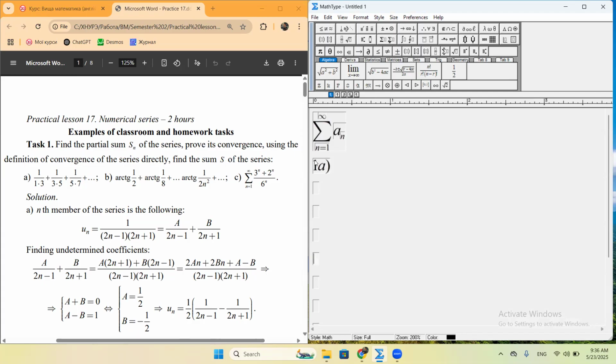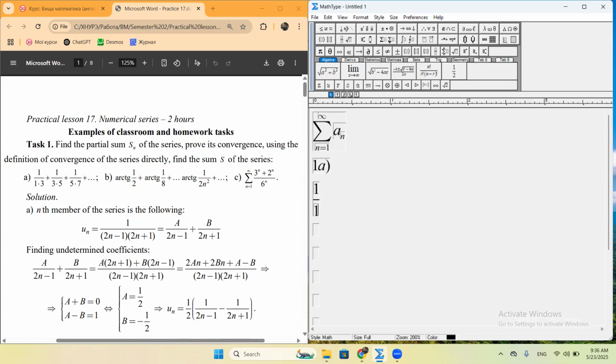So in exercise 1, find the sum of the series and prove its convergence using the definition of convergence of the series directly. Okay, so writing down the first series.